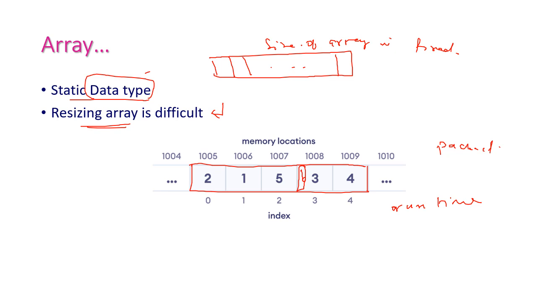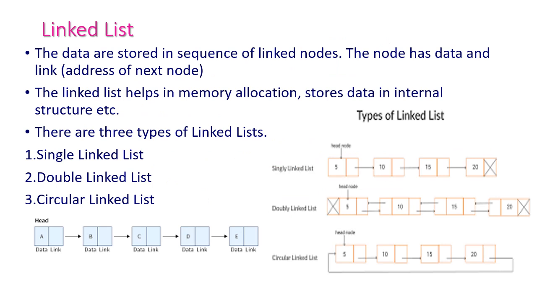So to overcome these drawbacks, we will go to linked list. The next one is linked list. To overcome the drawbacks of array, we introduce this linked list. Here, the data are stored in a sequence of linked nodes. The data will be stored in a node, and a node has two slots. The first slot is for data and the second slot is for the address, which represents the next node.